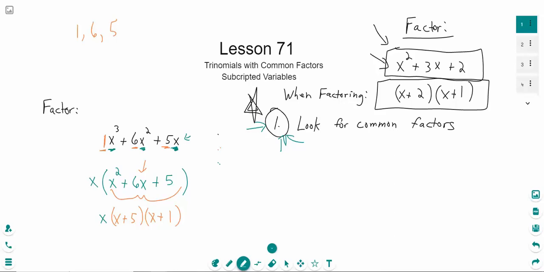So in the end, we can take this trinomial and see that it is factorable, and it would factor into this expression, x times x plus 5 times x plus 1. Okay? So fairly straightforward. Really, the only new thing here is before you try to factor this into binomials, you want to first try to factor out anything that's common amongst the three terms.